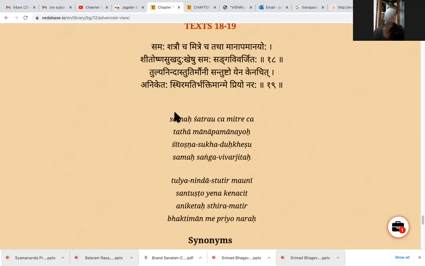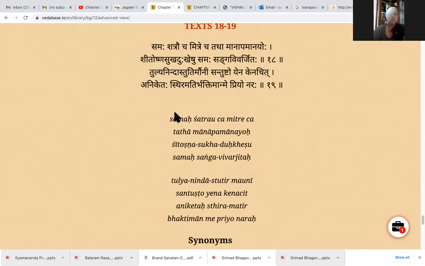Samah shatrau cha mitre cha. Tatha manapamanayoh. Shitoshna sukha-dukkeshu. Samah sangha-vivarjitah. Perfect.